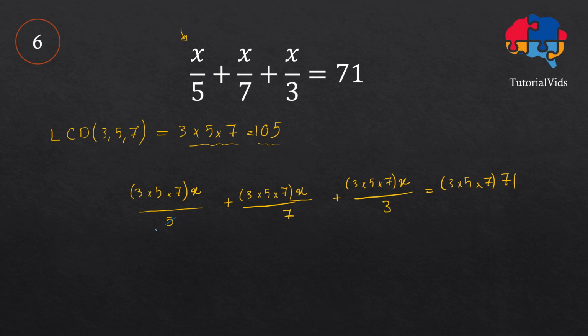Now you'll see that this 5 cancels this 5, and this 7 cancels this 7, and this 3 cancels this 3. That's why I didn't use the 105.